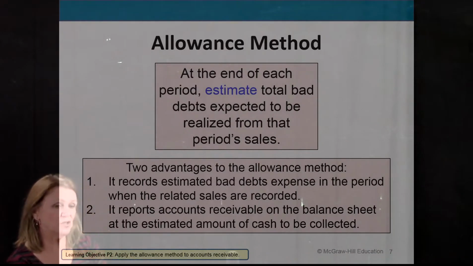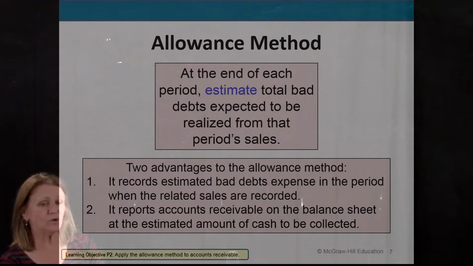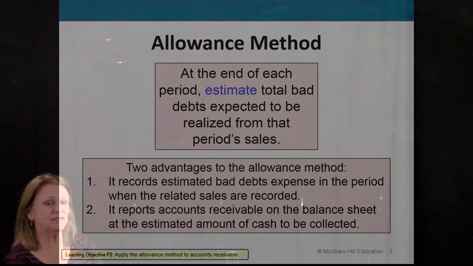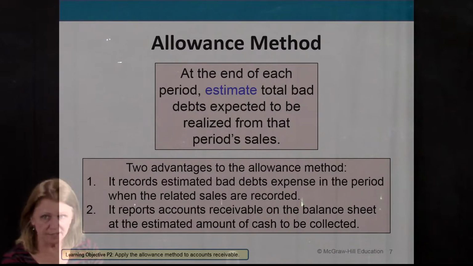So there are two advantages to the allowance method. One is it records estimated bad debt expense in the period when the related sales are recorded. And two, it reports accounts receivable on the balance sheet at the estimated amount of cash to be collected.